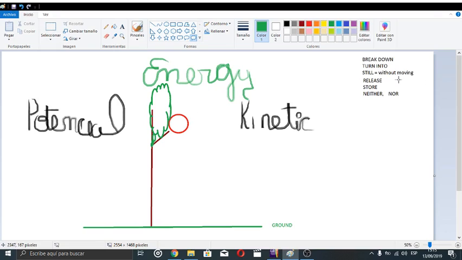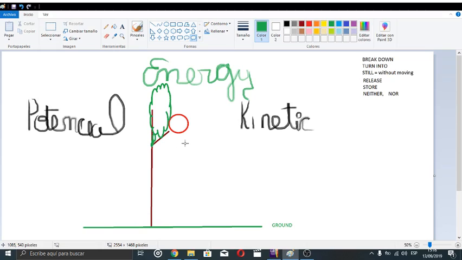But it is known that it has potential energy because if it is released, it can do some work. Once this object is not moving, is at rest, it means that it has potential energy.